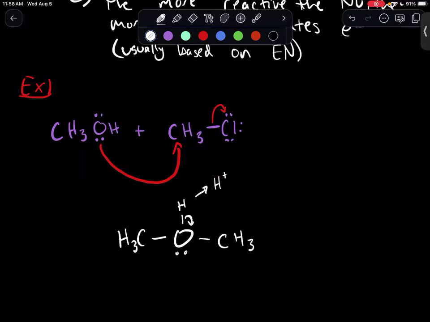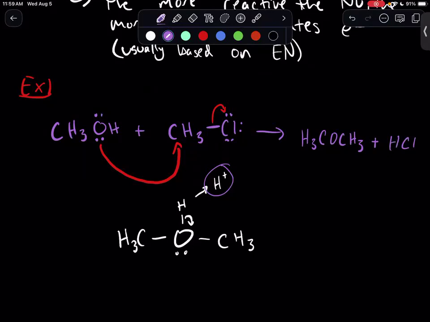Now, because we are creating a chlorine leaving group, what we still see is that this will replace, and we will get H3COCH3, and we have our leaving group of chloride ion. However, that chloride ion will bond with this H+, creating HCl.